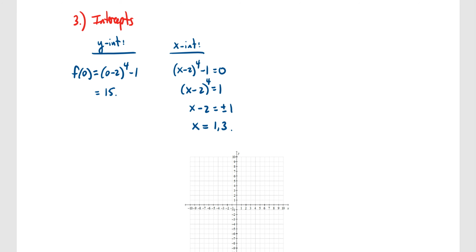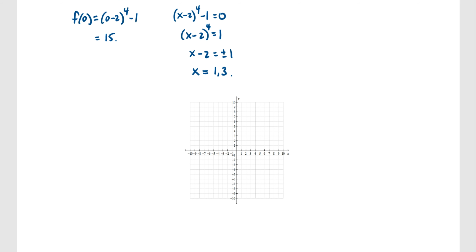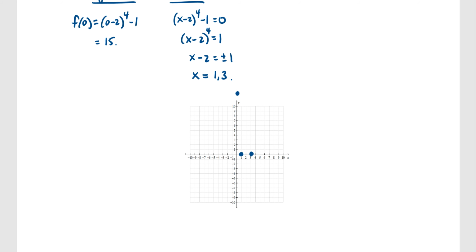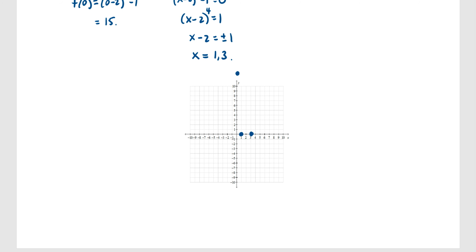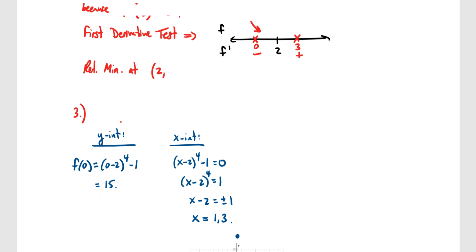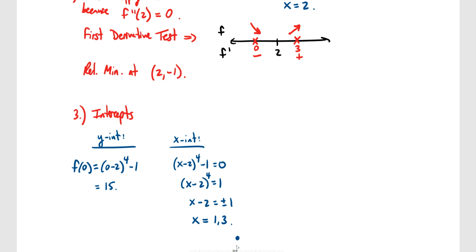Let's put everything together here. I'm going to say that our y coordinate up here is 15. And we have 1 and 3. And we know that our relative min was at (2, negative 1). And I think that is all we had, and that is all we need.